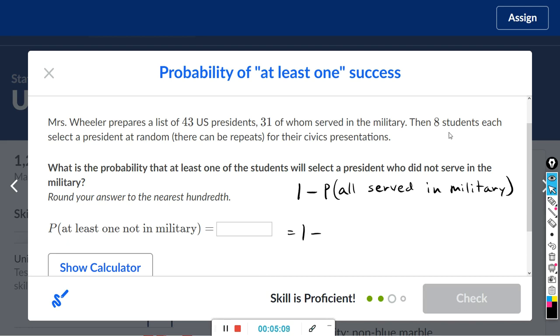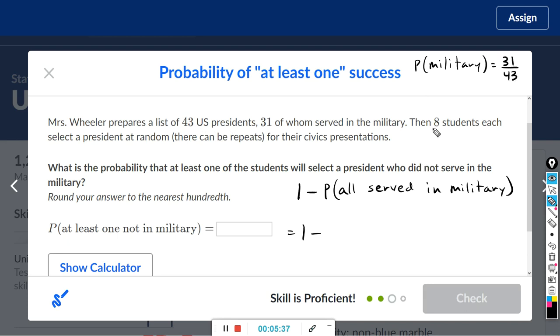Remember that 8 students are selecting, okay, and there can be repeats. So the probability of one of them serving in the military, since 31 out of 43 served in the military, it's going to be 31 over 43.